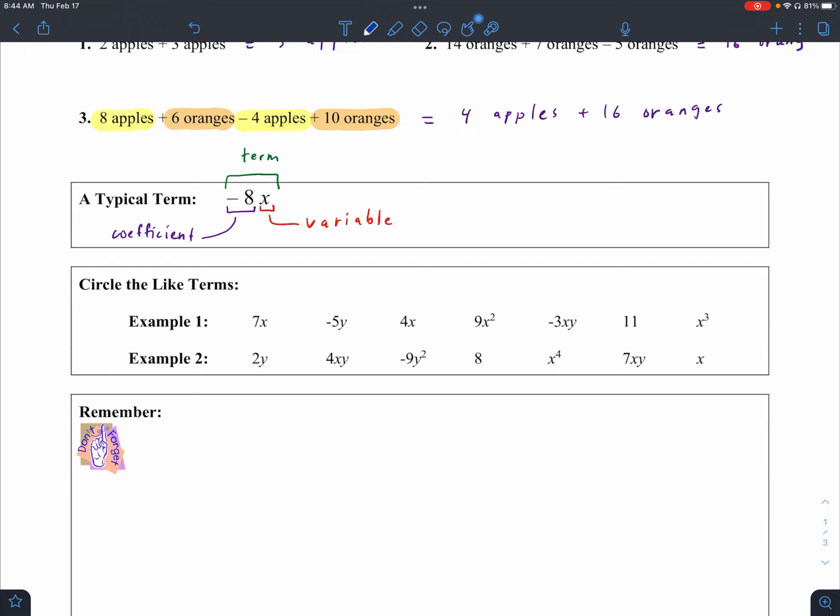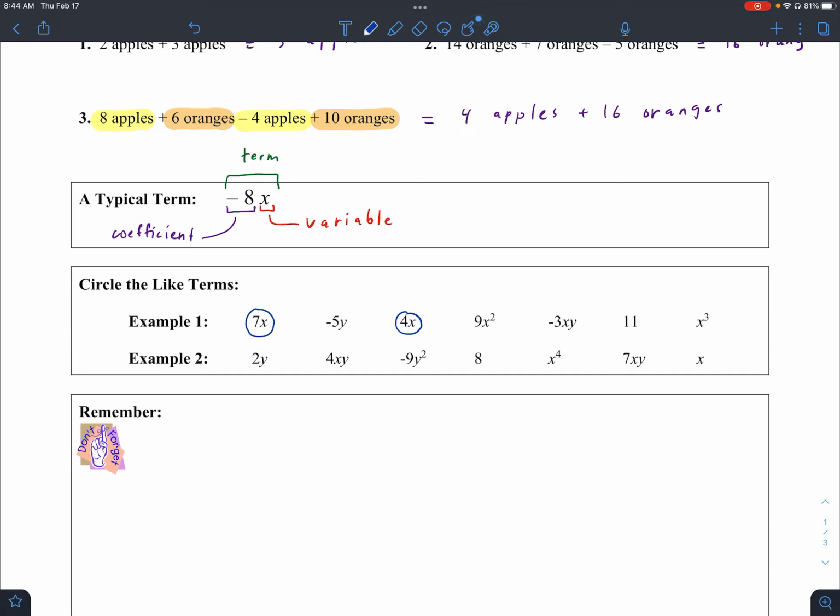We can see here that 7x and 4x, because they have the same variable and the same exponent on that variable, are like terms. That means they can be collected, either added or subtracted. None of the other terms are like terms.